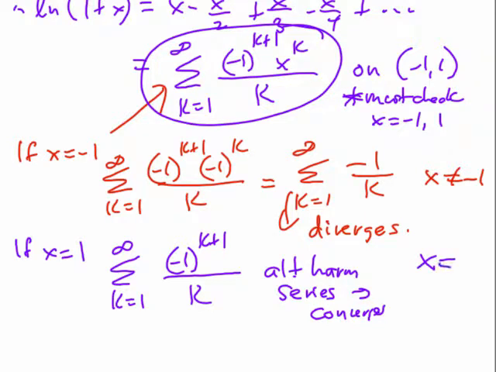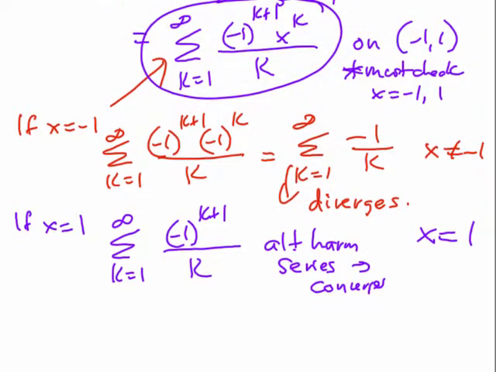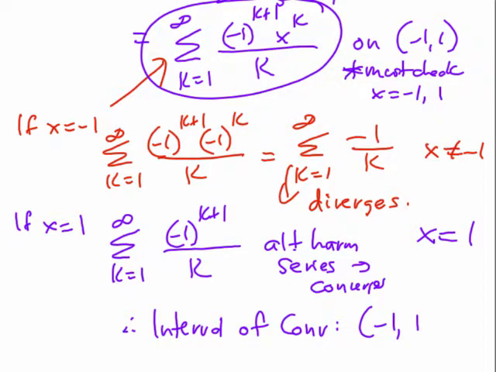So x equals 1 is included on the interval of convergence. Therefore, the interval of convergence is not including -1, but including 1.